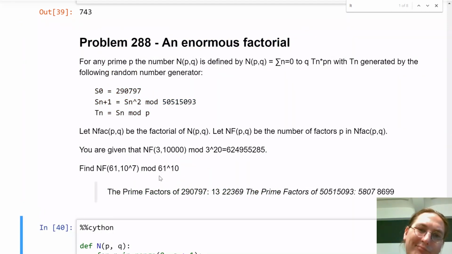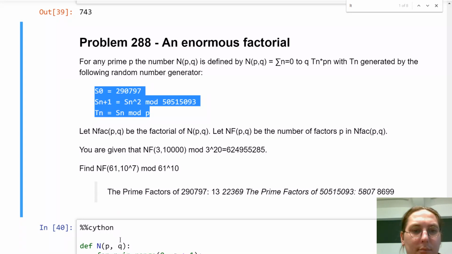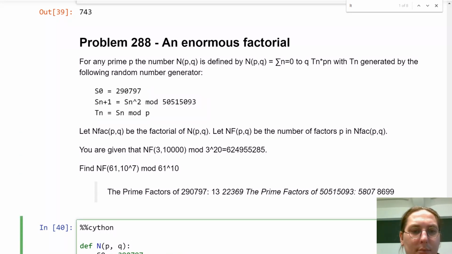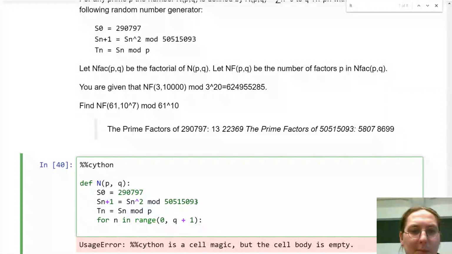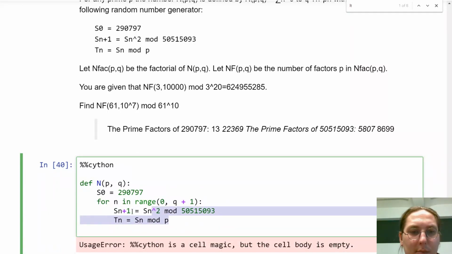Is that knowledge usable? Don't do power 2, do Sn times Sn.